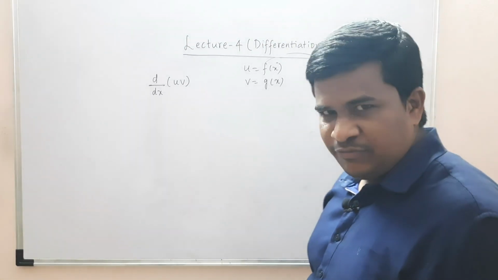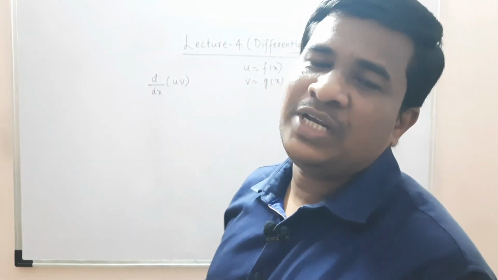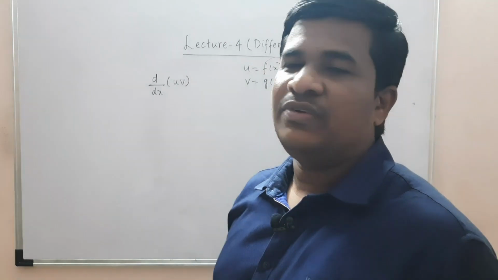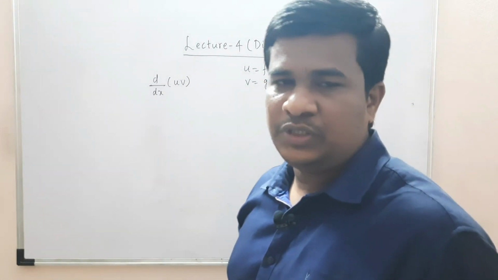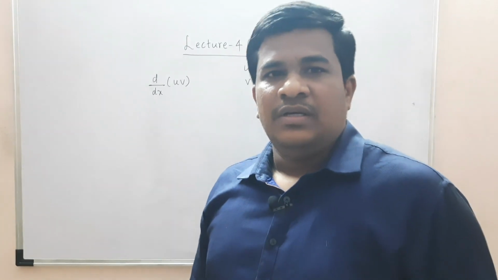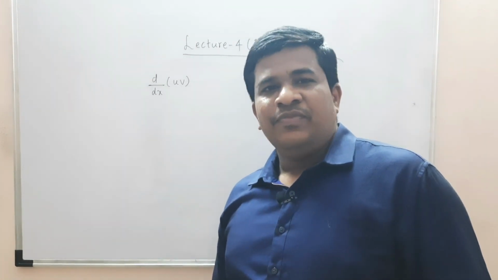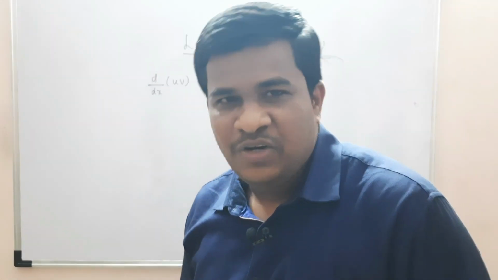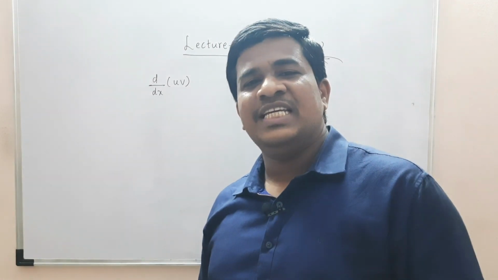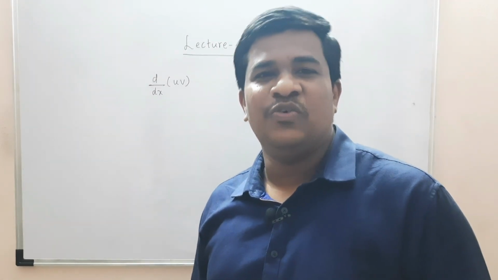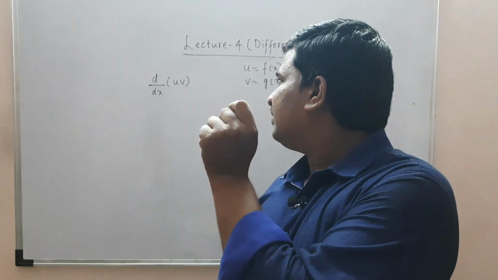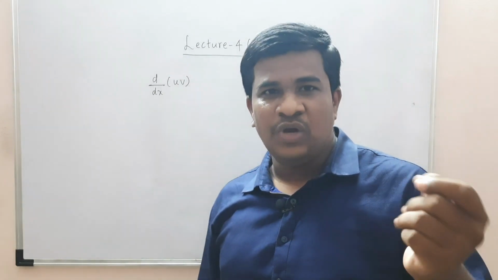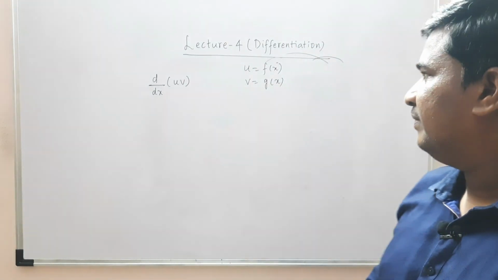So in case of product, how do you write the derivative of this? That is nothing but the product uv. So it was very easy when you are dealing with plus sign in between two functions. It was very easy when you have minus sign in between two functions. And when you have product, how do you have to proceed, right?